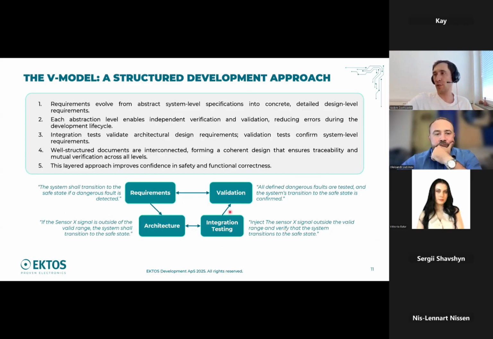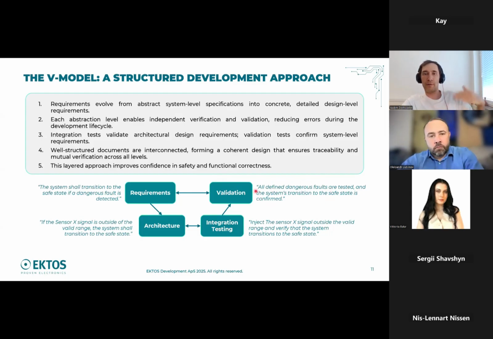And when we go to the validation of the system, on this stage most likely all of the tests are done, and our work here is to confirm that all defined dangerous faults are tested.